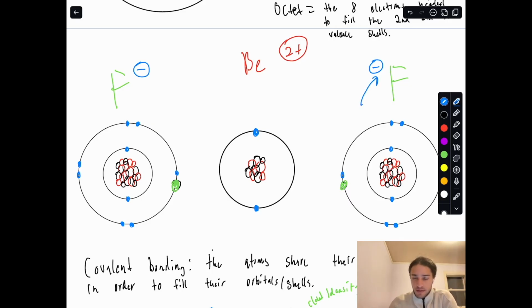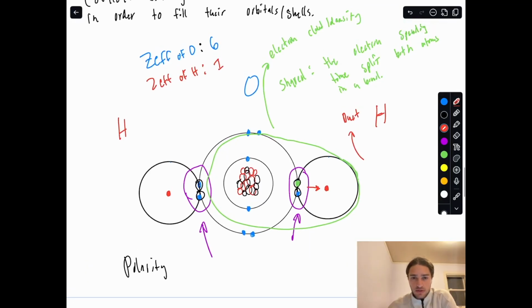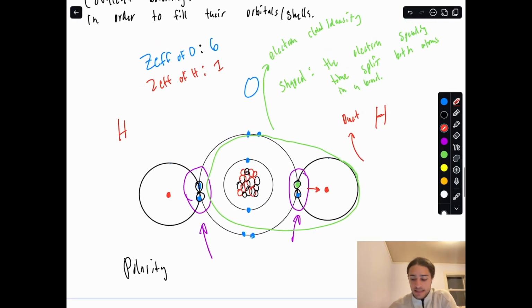Remember the fluorine became negative because it gained an electron basically permanently, and the beryllium became positive because it gave away electrons basically permanently. So now the fluorine has an extra electron compared to the amount of protons it used to have, and the beryllium's got extra protons compared to the electrons. So there's charges now. And the same thing is going to happen with our polar molecules too, just to a slightly less extent, right?